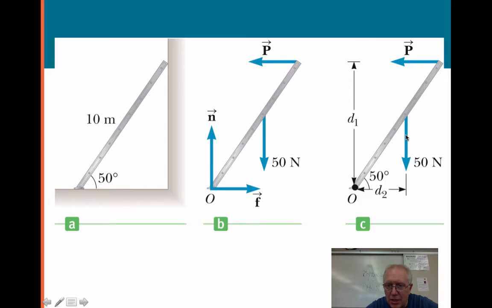So this is acting at 40 degrees here. So the radius is going to be this distance up here, and the force is 50. Remember, though, that for torque, it's the force multiplied by the radius, but also by the sine of the angle between them. So remember that, 40 degrees over here, 50 degrees over here.